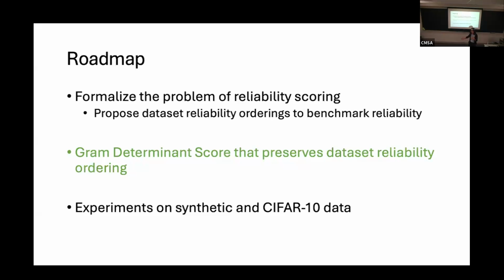And then we're going to find ways to estimate this score and show that it preserves the properties that we have proved. So I will introduce the Gram Determinant Score first, talk about the properties and very briefly the impossibility results. And then what's most interesting is that I want to give some geometric intuition of why the Gram Determinant Score actually captures what we hope to capture in measuring reliability. So let me dive in.